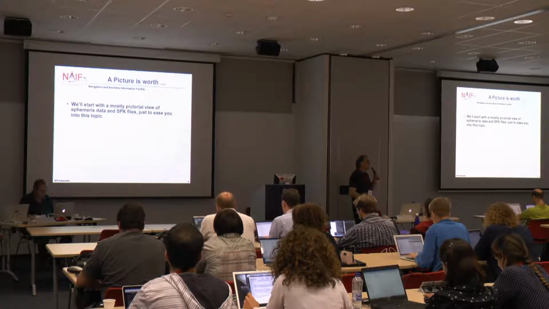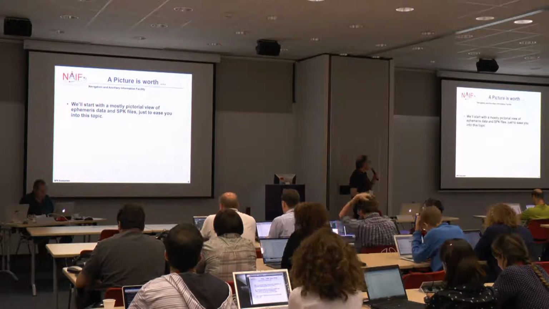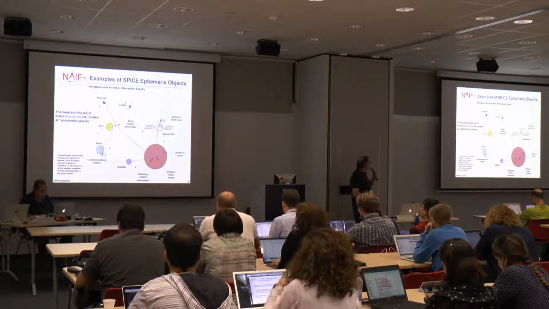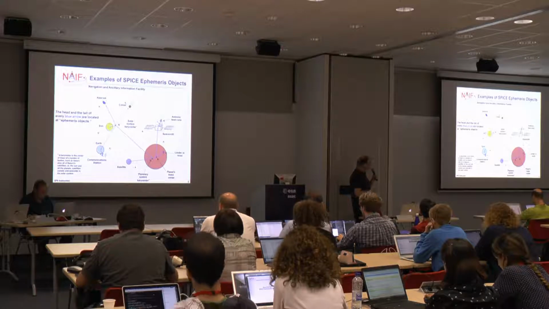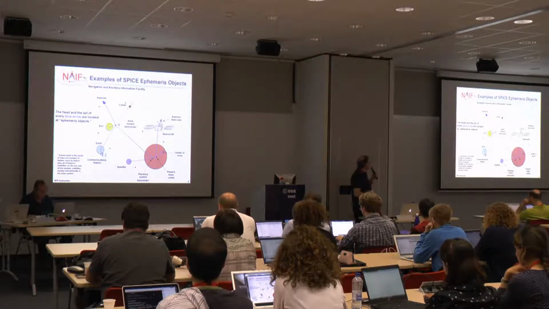So here's a very simplified view of ephemeris data. We have examples of ephemeris objects, and all the blue arrows in this diagram are position vectors.